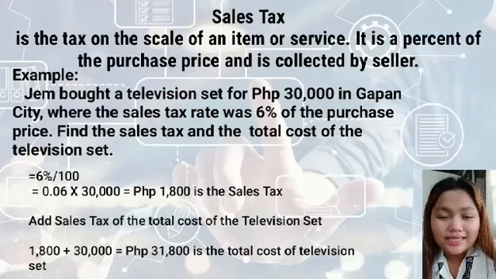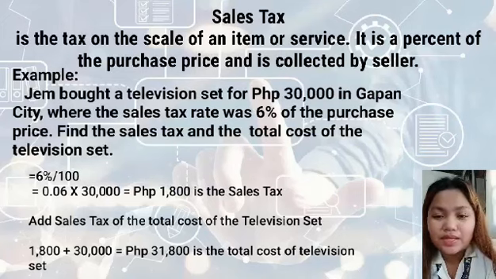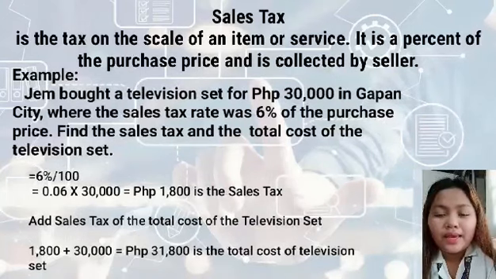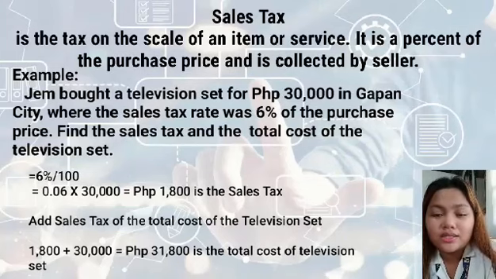Now, add the sales tax to the cost of the television set. 30,000 plus 1,800 is equal to 31,800 is the total cost of the television set.